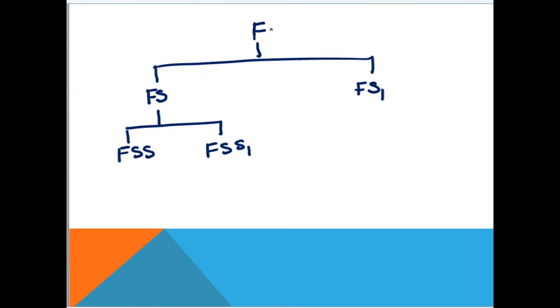Now when the property will be divided between F, FS and FS1, that will be called the per capita division. So these are three, each of them will get 1/3, 1/3, 1/3 and 1/3.